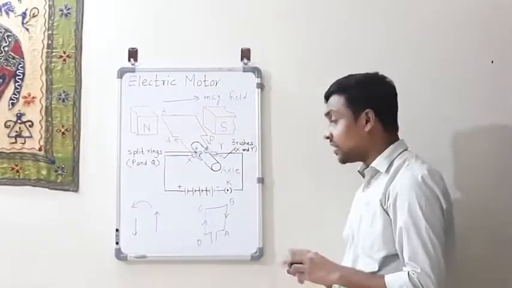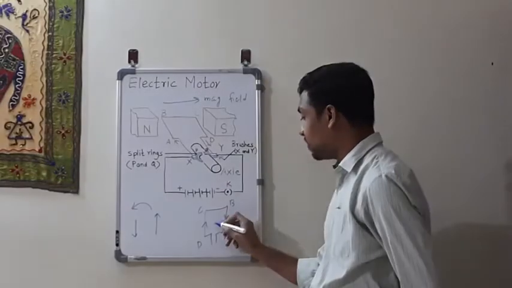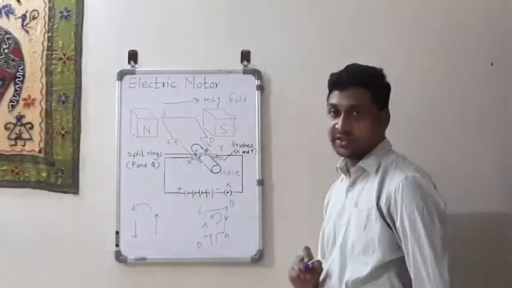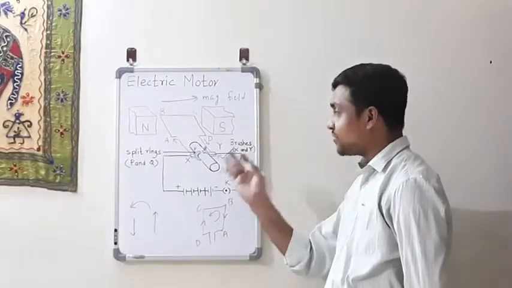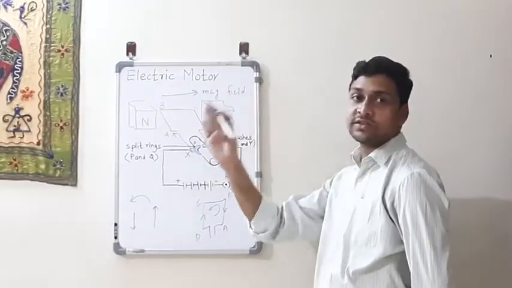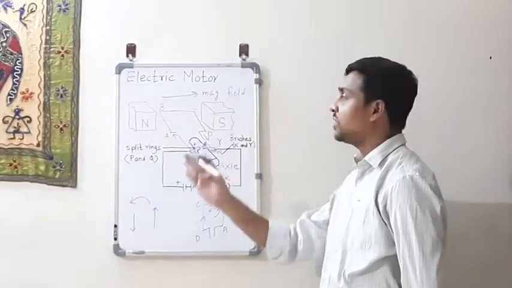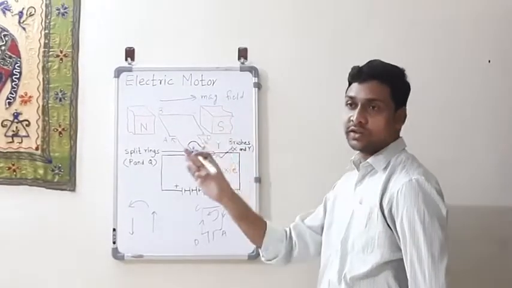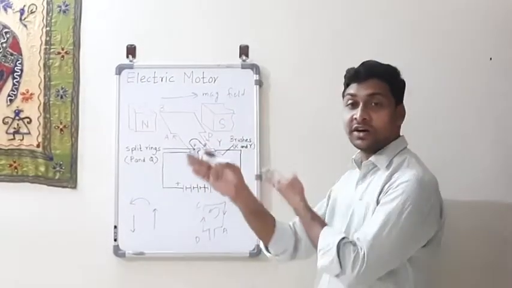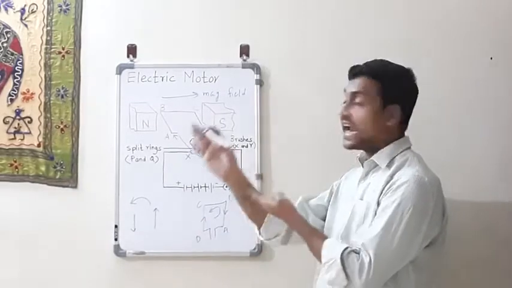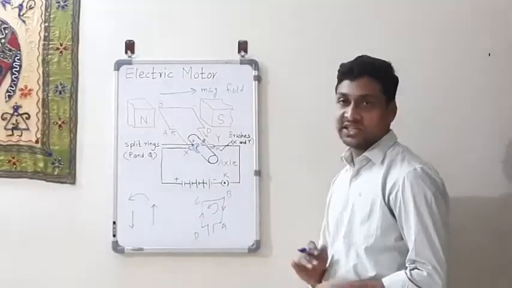So again in this case also the coil will rotate in the anti-clockwise direction. After every half rotation, the coil keeps turning anti-clockwise, so the coil rotates continuously in an anti-clockwise manner.